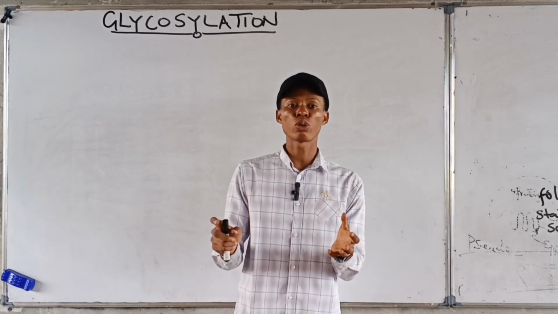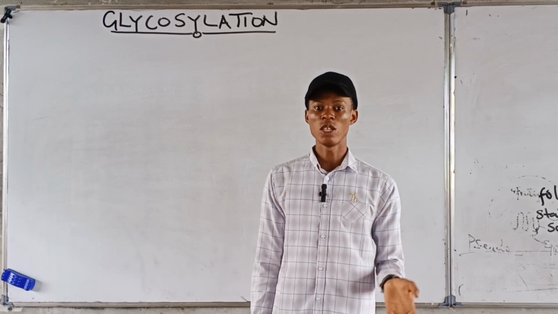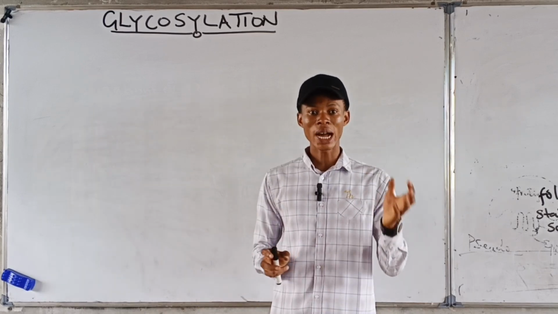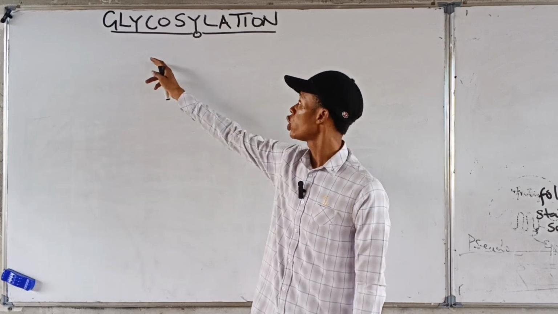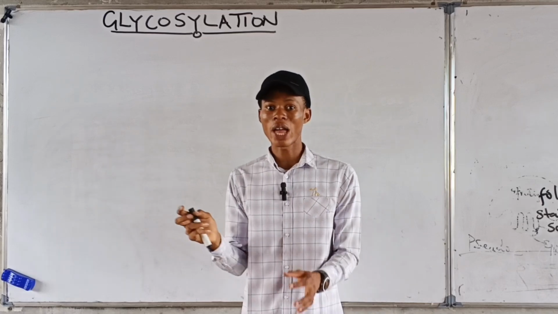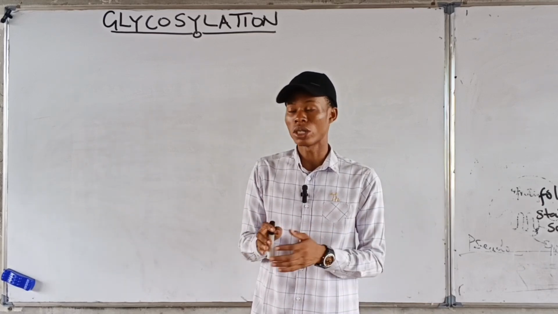We modify proteins to give us carbohydrates. We modify lipids to give us carbohydrates. That process of attaching sugar to either amino acids of proteins or lipids to give us carbohydrate conjugates is called glycosylation. So just know that we are attaching carbohydrate to something, or attaching something to carbohydrate.